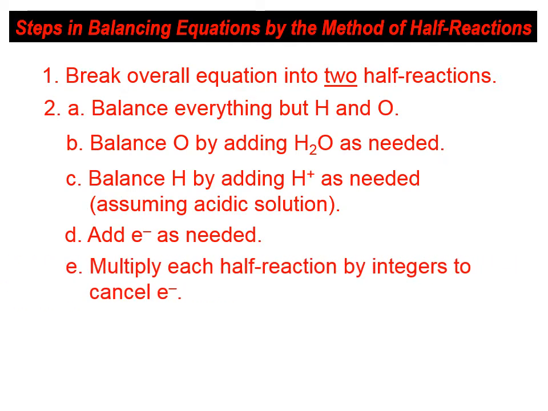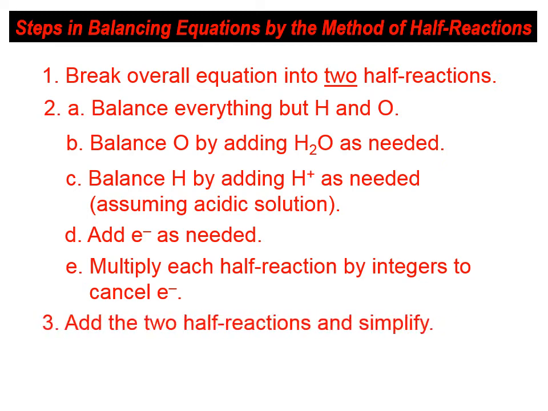Step 5 says multiply each half reaction by integers to cancel the electrons. And we need to do that because the number of electrons that are lost must equal the number of electrons that are gained. And if that isn't the case between our two half reactions, then we have to multiply one or both of the half reactions by something such that the number of electrons that are lost equals the number that are gained.